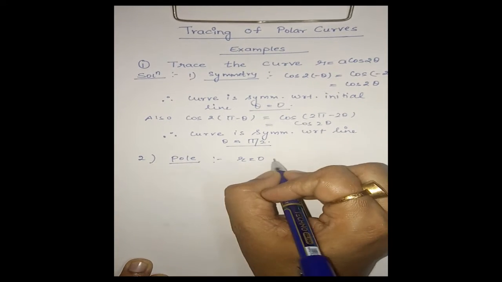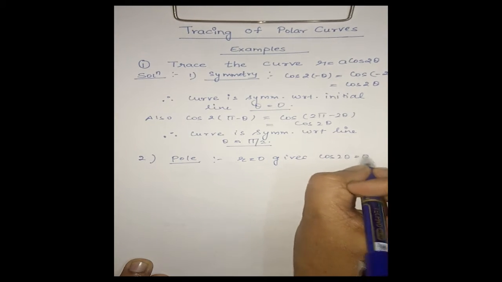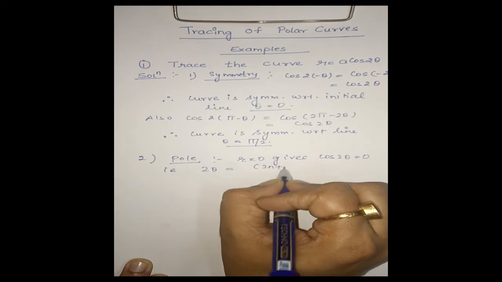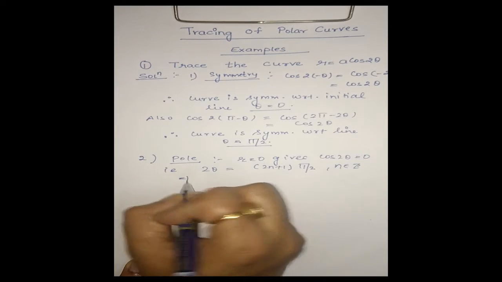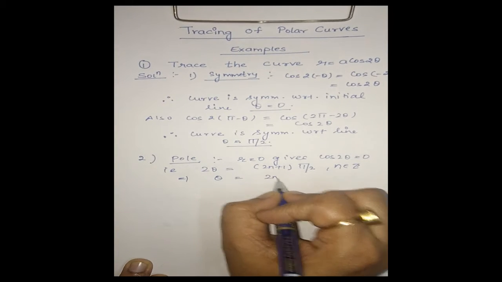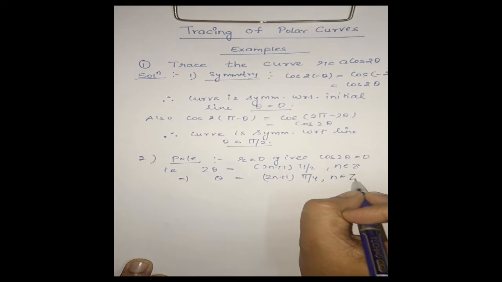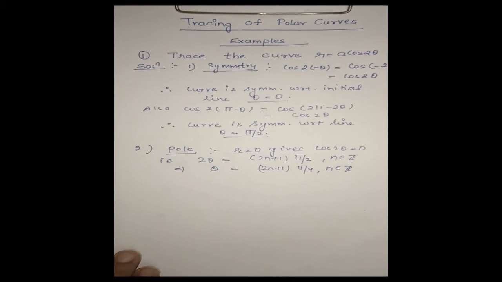r is equal to 0 gives cos 2 theta is equal to 0. That is, 2 theta is equal to (2n plus 1) pi by 2, where n is an integer. This gives theta is equal to (2n plus 1) pi by 4. That is, r is equal to 0 gives at least one real value of theta.